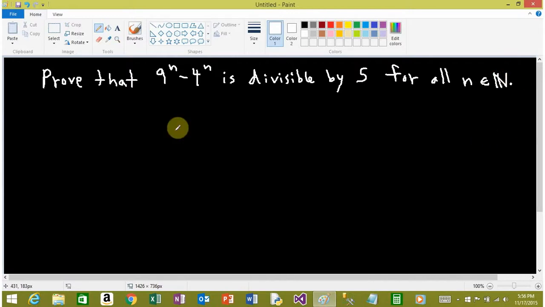So we're going to prove that 9 to the n minus 4 to the n is divisible by 5 for all n in the natural numbers.